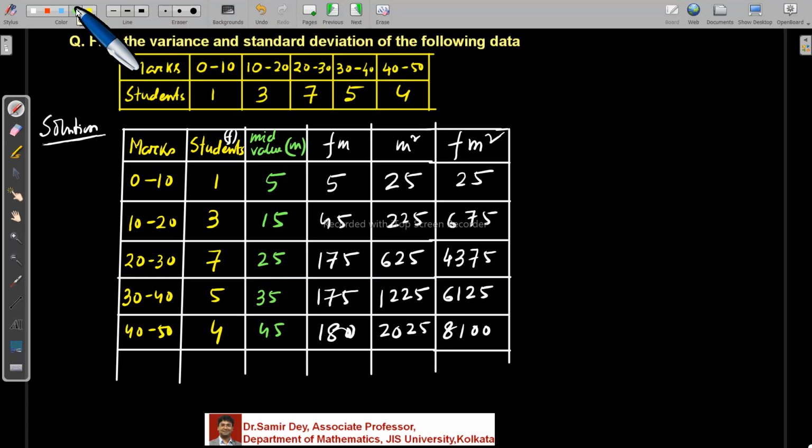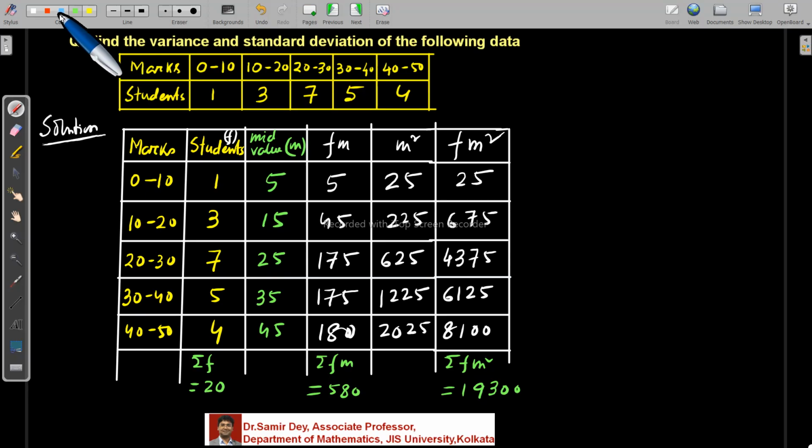Okay. Now our objective is to calculate summation f, summation fm, and summation fm square. If I add all together, summation f is coming 20, summation fm is coming 580, and summation fm square is coming 19300.